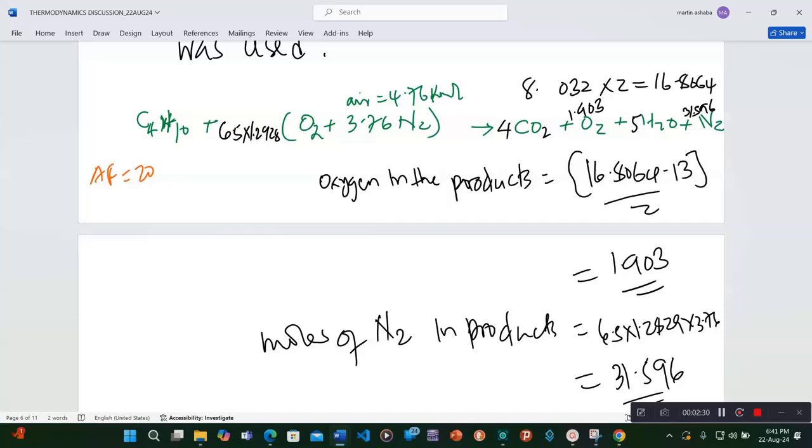Then we will also have water, 5 moles of water vapor present, then plus nitrogen. And when we look at our products of combustion, we have some oxygen present because of this excess air supplied. So we shall also add some oxygen.